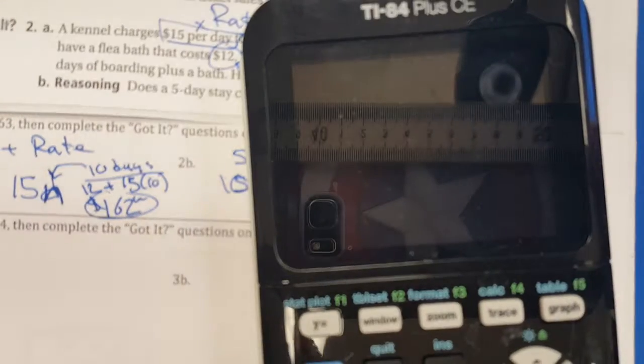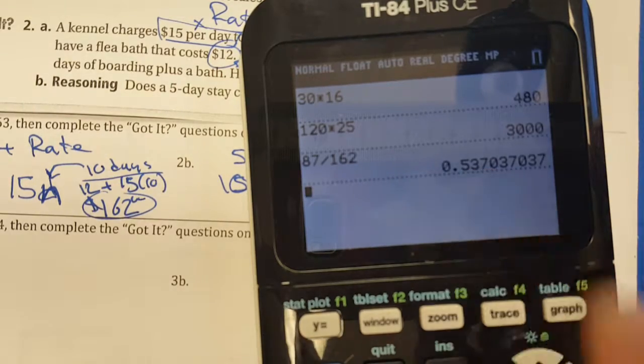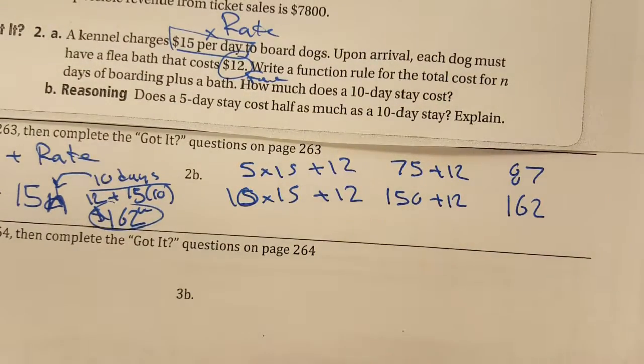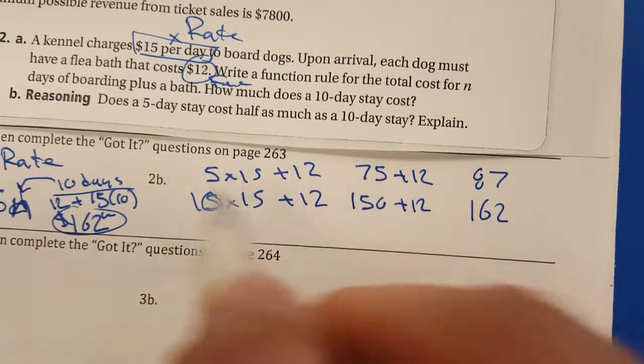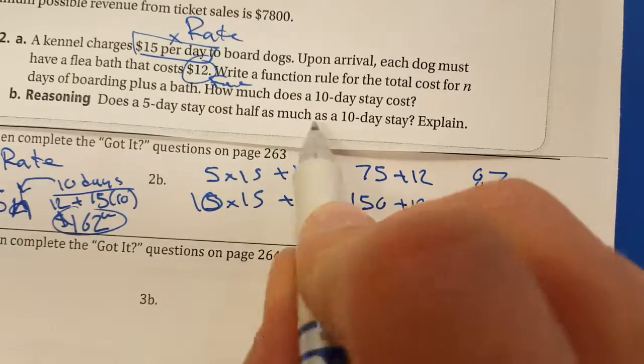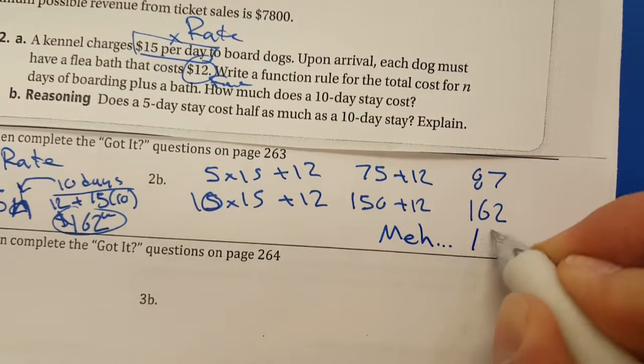And I don't believe that's half. Ooh, it's close. Almost half. I guess you could say almost half, but if we're going for accuracy, no, it would not be half. So does a 5-day stay cost half as much? Meh. Kinda. But not really.